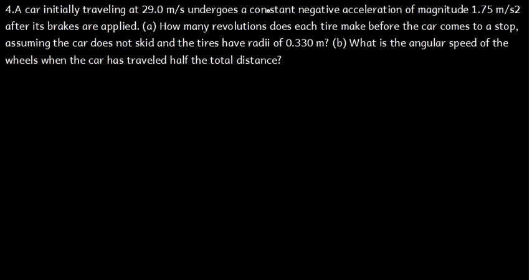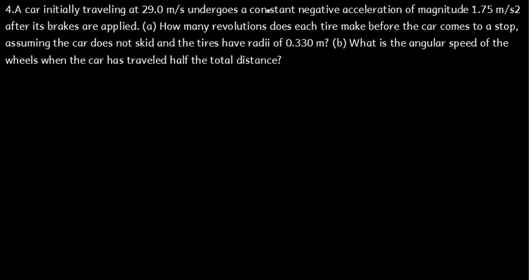How many revolutions does each tire make before the car comes to a stop? Assuming the car does not skid and the tire has a radius of 0.33 meters. Part B, what is the angular speed of the wheel when the car has traveled half the total distance?